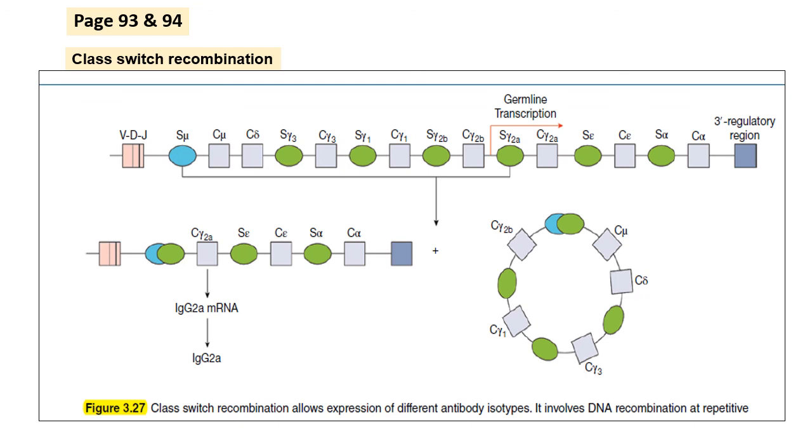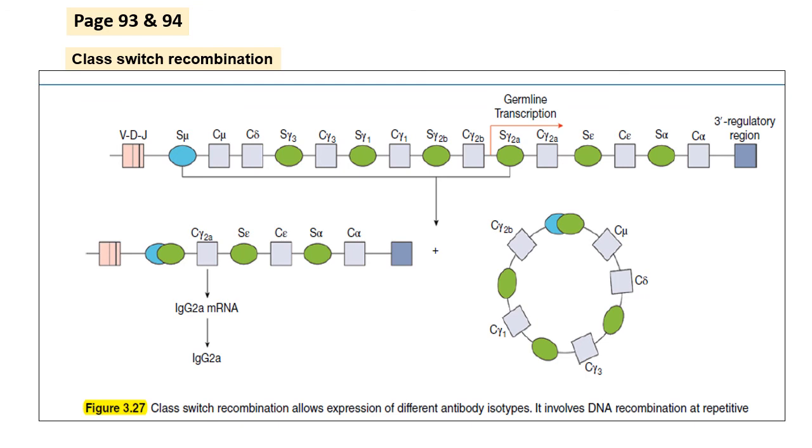Now, how does the class switching recombination occur? By making breaks in the DNA of two S regions, and fusion of the S regions, leading to a rearranged constant heavy chain locus. In that case, a variable exon is joined to an exon for a new constant region.